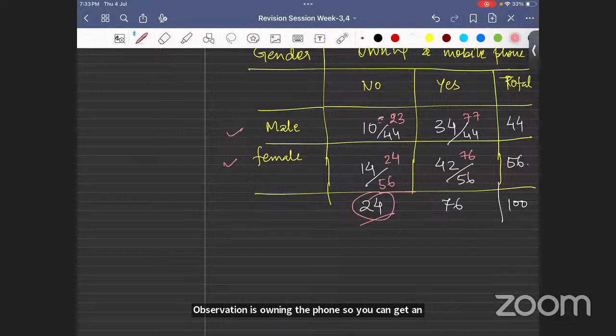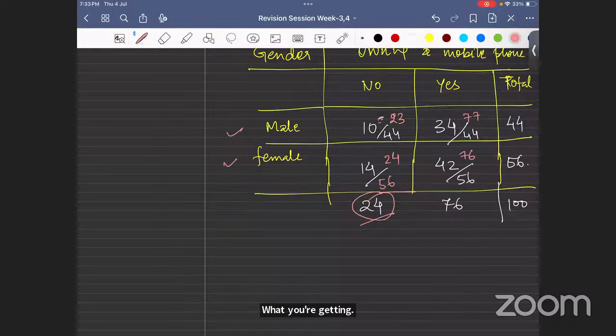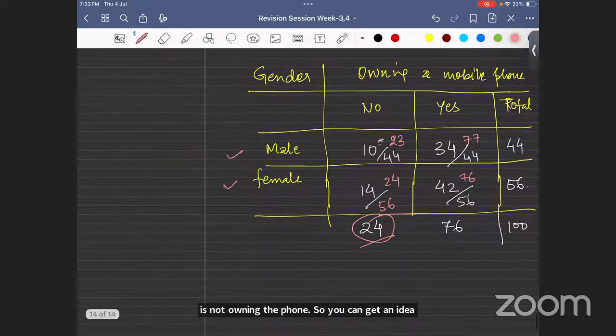Irrespective of the gender, you can see that 76 to 77% of the people are owning the phone, and around 25% are not owning the phone. So you can get an idea that the gender is not impacting the ownership of the phone.